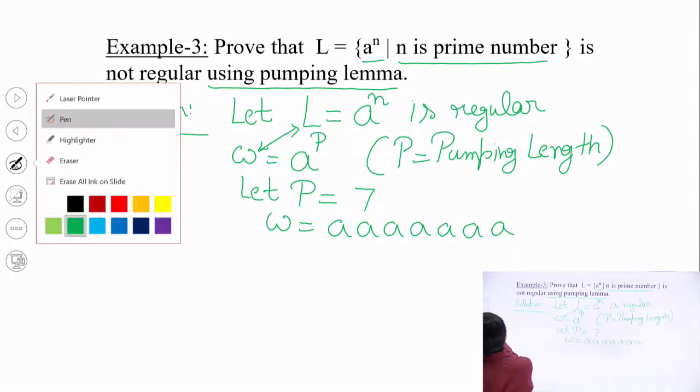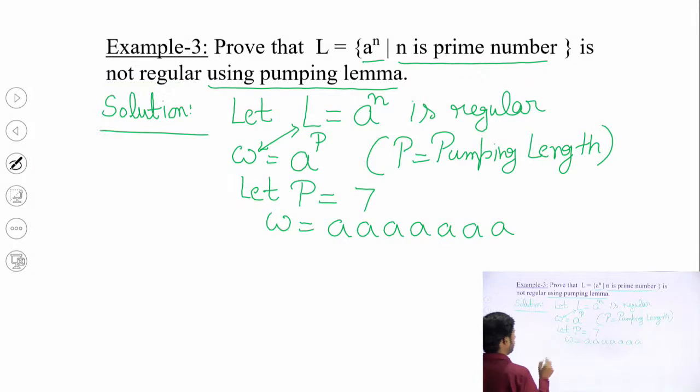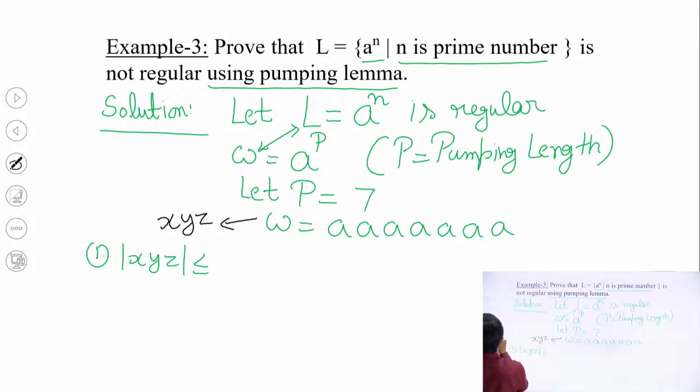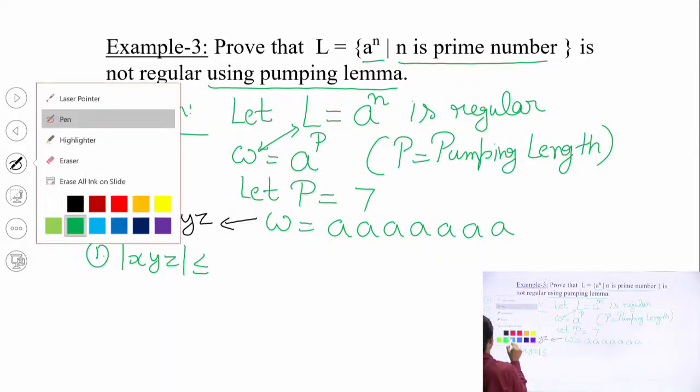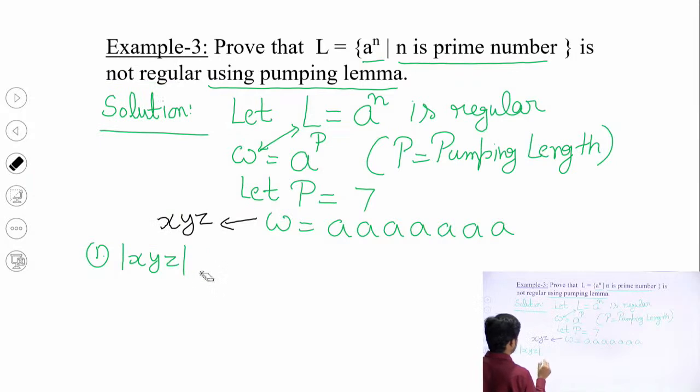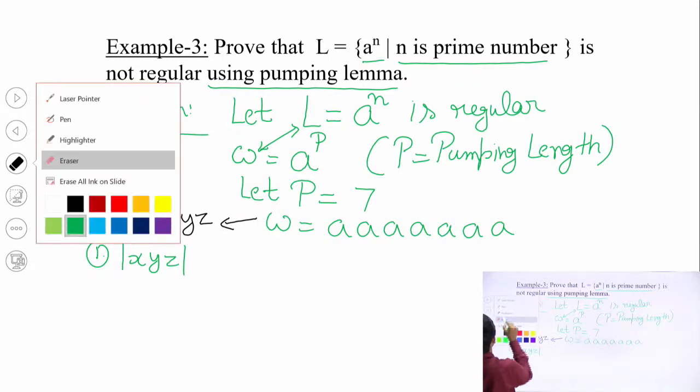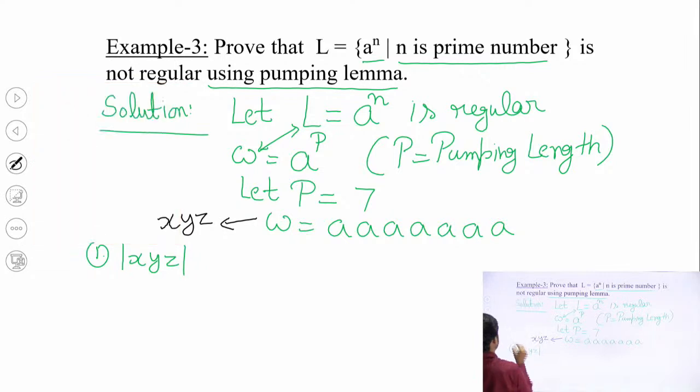Now we divide this W into 3 parts x, y, z, such that it will satisfy the 3 conditions. What are those 3 conditions? First condition is mod of x, y, z greater than or equal to p.